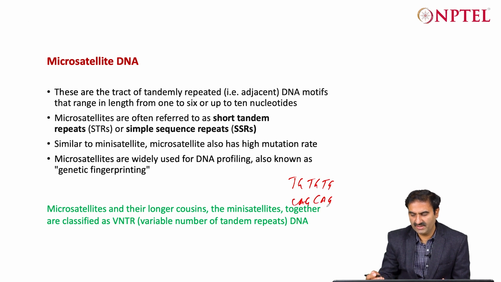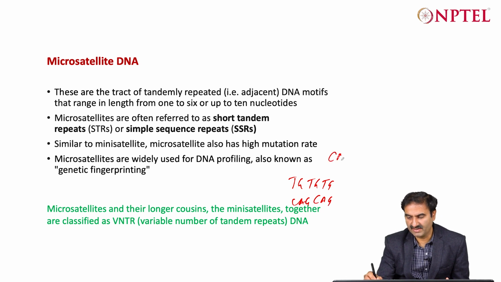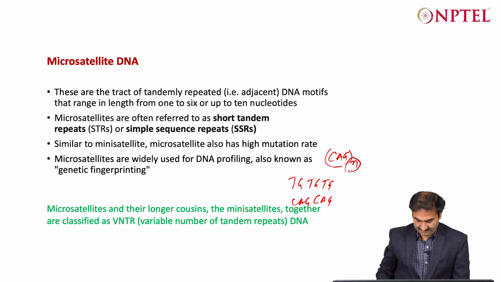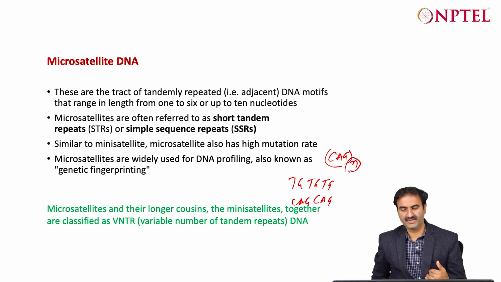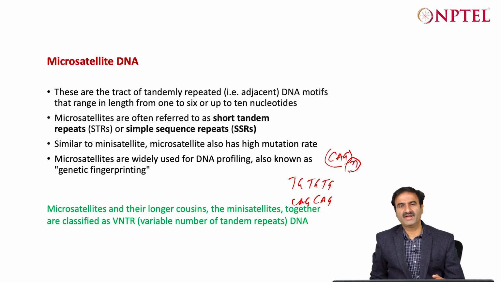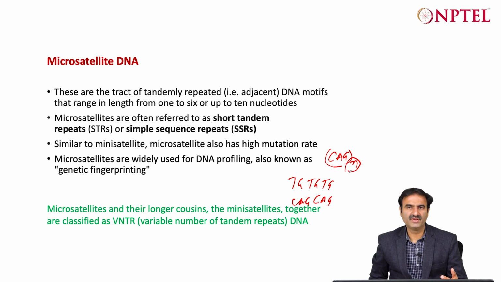Generally you write it like CAG with n in the subscript, which means there is a repeat of CAG repeating n number of times. Generally microsatellites have been used to prepare microsatellite maps of the genome, and also to determine paternity, and also in some forensic analysis, because these repeats are conserved yet polymorphic.